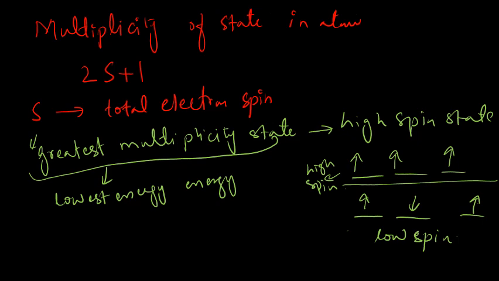Since the spin of each electron is 1/2, each electron has spin half.